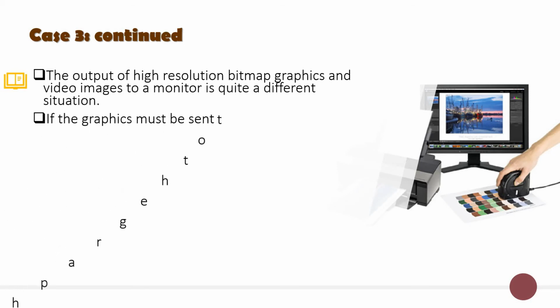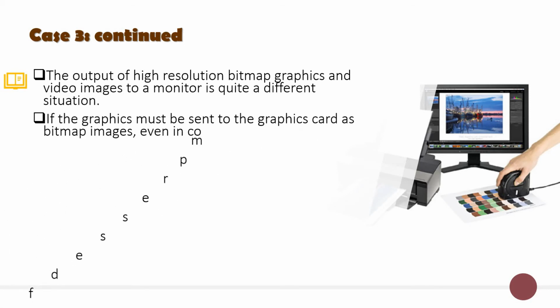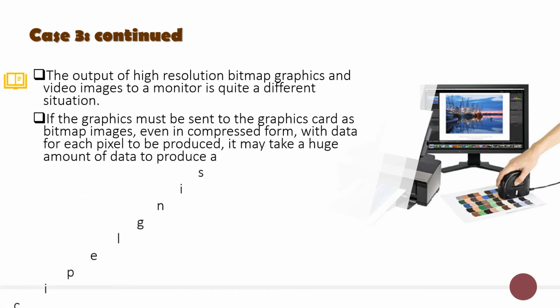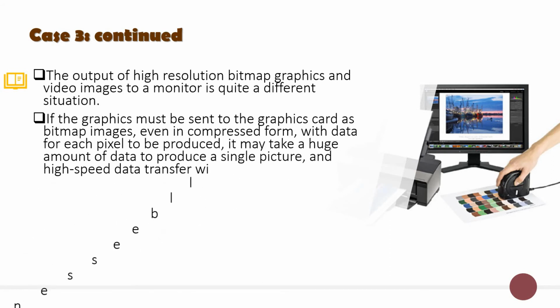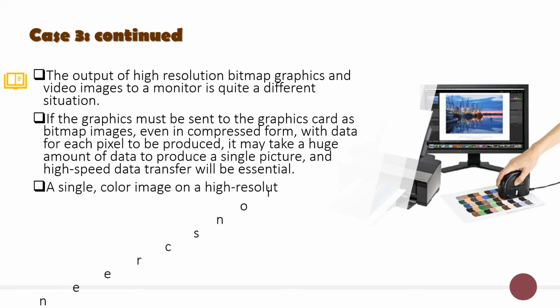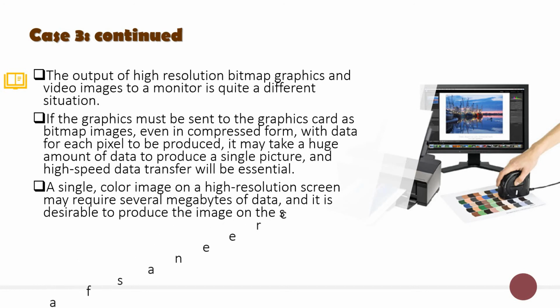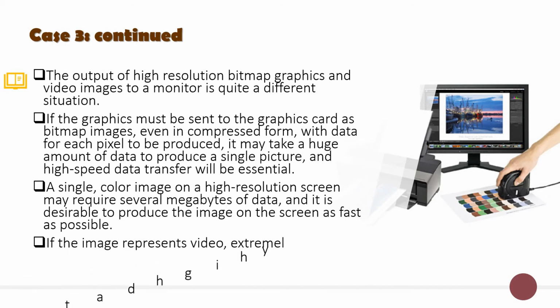If the graphics must be sent to the graphics card as bitmap images, even in compressed form, with data for each pixel to be produced, it may take a huge amount of data to produce a single picture, and high-speed data transfer will be essential. A single color image on a high-resolution screen may require several megabytes of data, and it is desirable to produce the image on the screen as fast as possible. If the image represents video, extremely high data transfer rates are required.